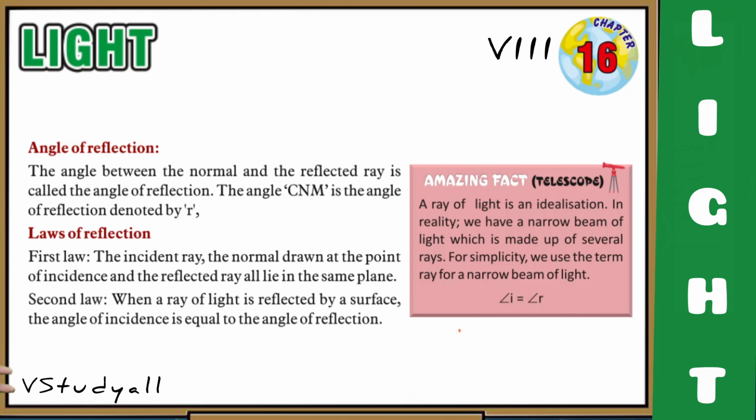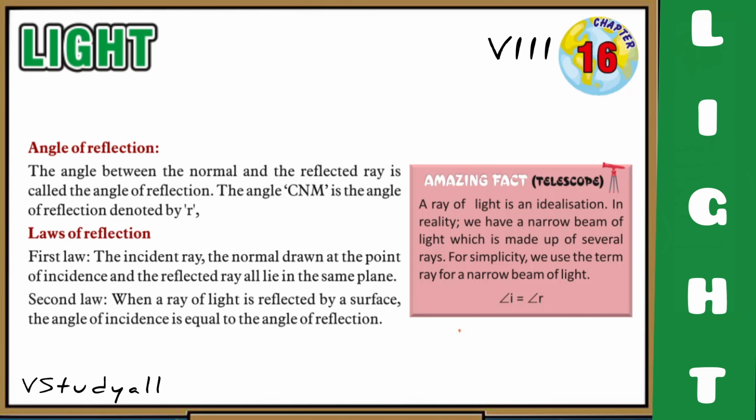Now let's see the laws of reflection, which are very important. First law: the incident ray, the normal drawn at the point of incidence, and the reflected ray all lie in the same plane. Second law: when a ray of light is reflected by a surface, the angle of incidence is equal to the angle of reflection.